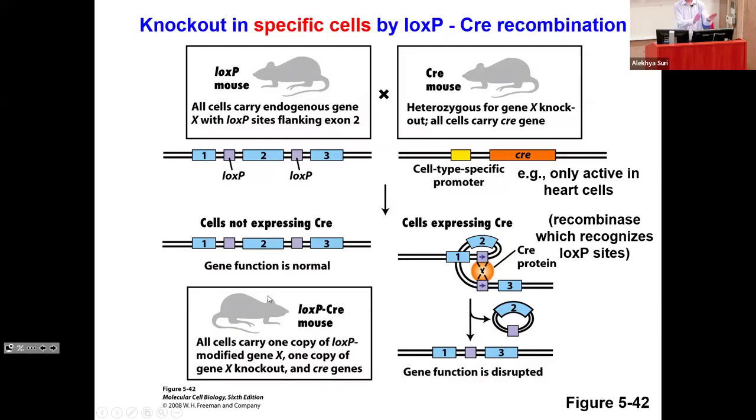So again, with LoxP sites, the target flanked gene is present in all tissues. The Cre recombinase gene is present in all tissues, all genomes, but it's only expressed in a certain tissue because of the cell type specific promoter. So, okay.